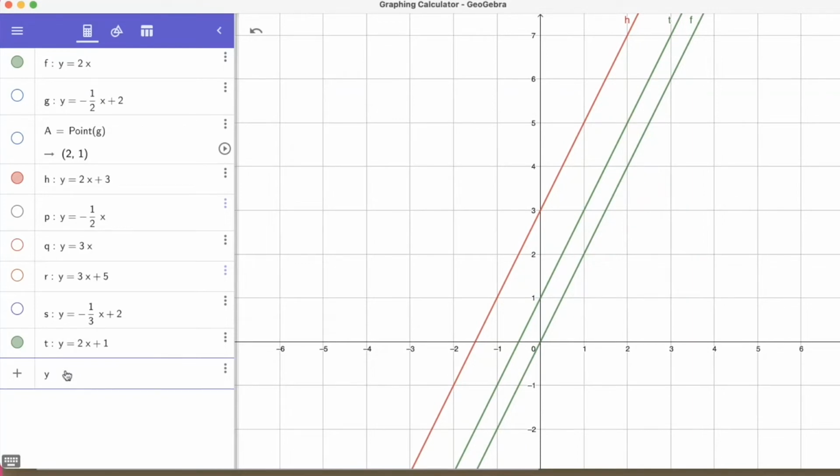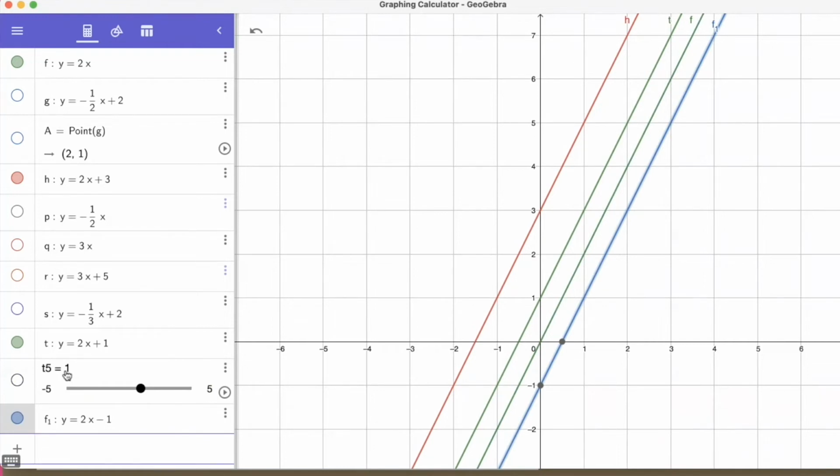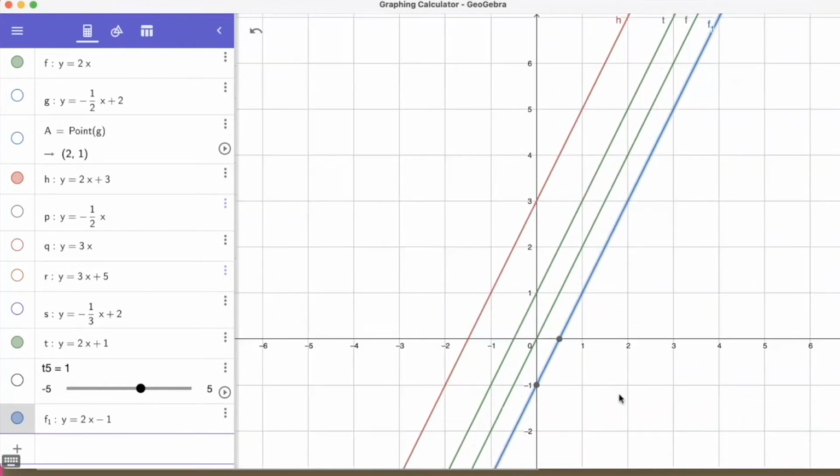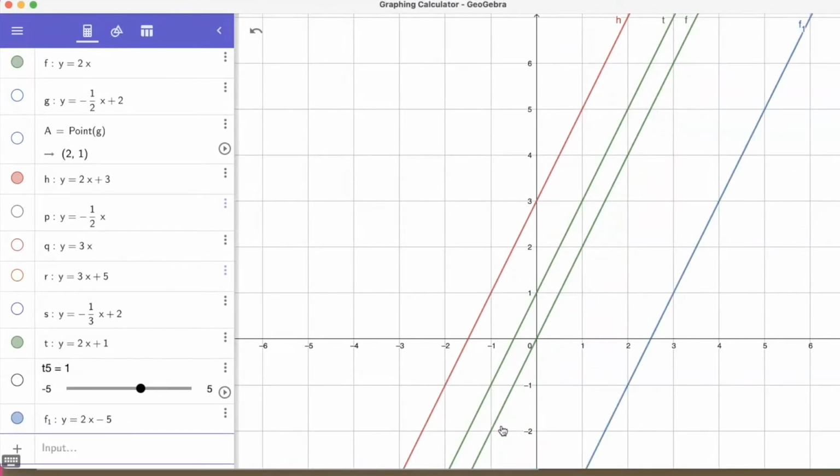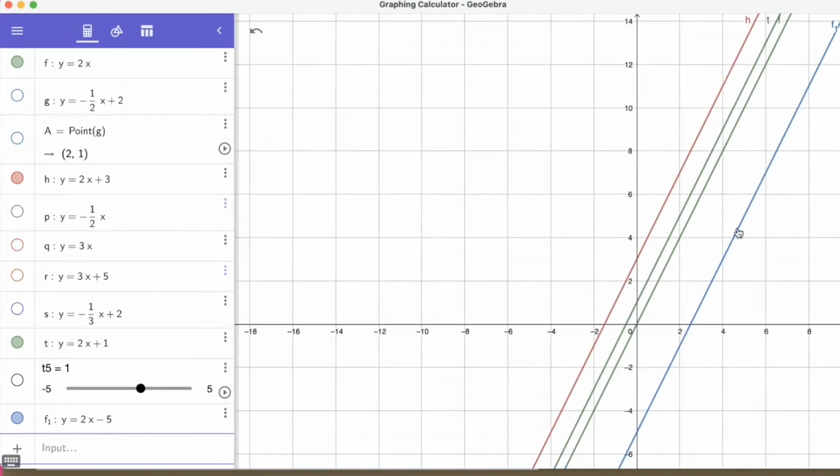If you put y equals 2x minus 5, for example, you get your line. Can you see it? All the lines are parallel. They have a slope 2, the same slope, and they are all parallel.